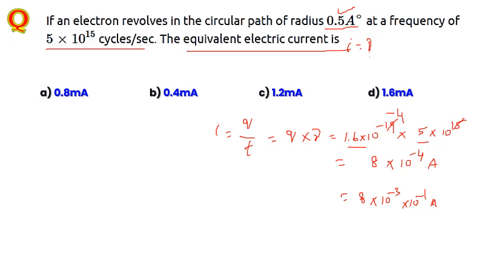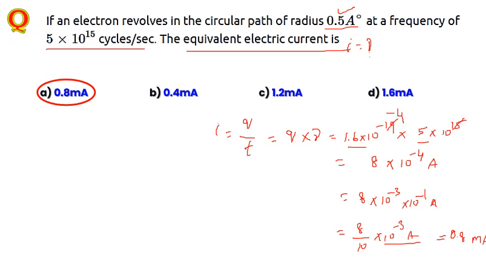So 8 divided by 10 into 10 power minus 3 ampere. 10 power minus 3 ampere is milliampere, and 8 divided by 10 is 0.8. So 0.8 milliampere is the right answer.